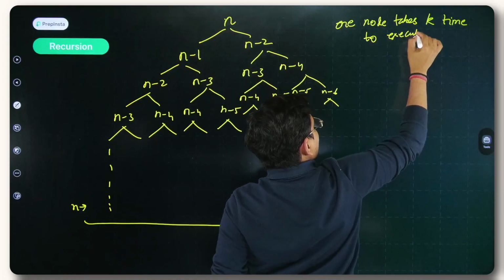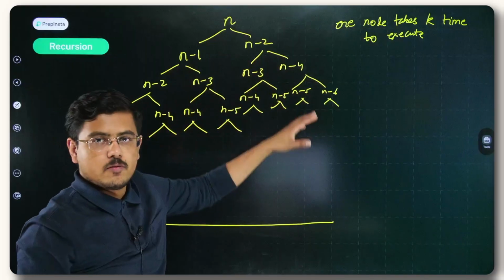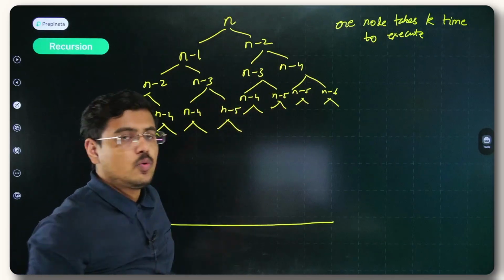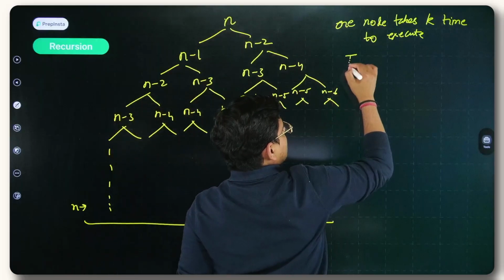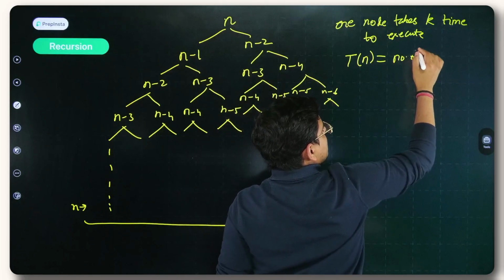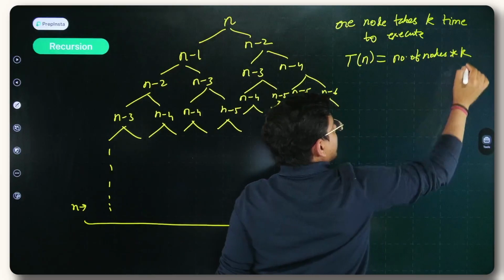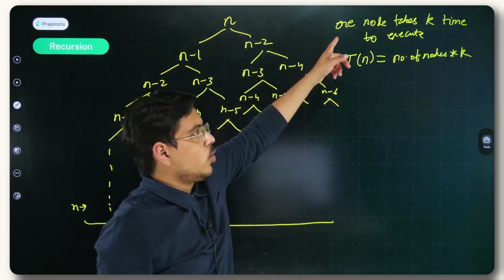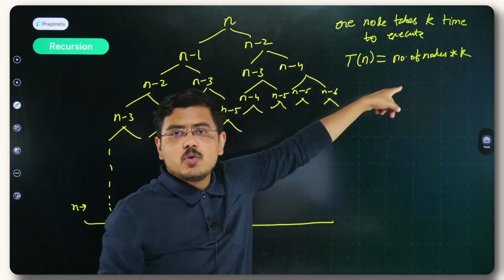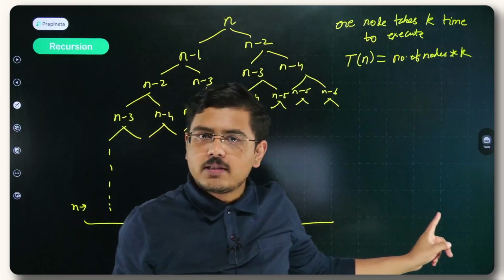So if I can calculate the number of nodes, then to calculate total time complexity, I multiply the number of nodes by k. If each node takes k time to execute, then if I compute the total number of nodes and multiply it with k, I'll get the total time complexity.